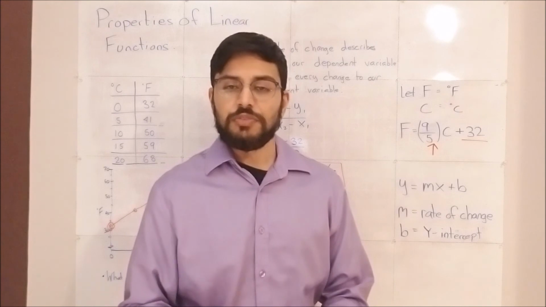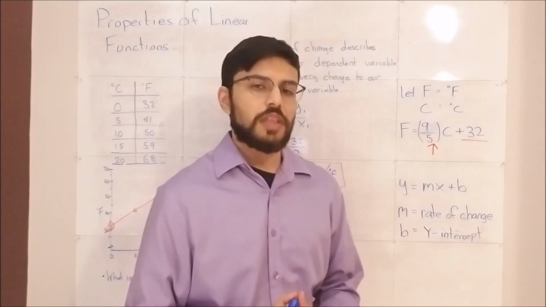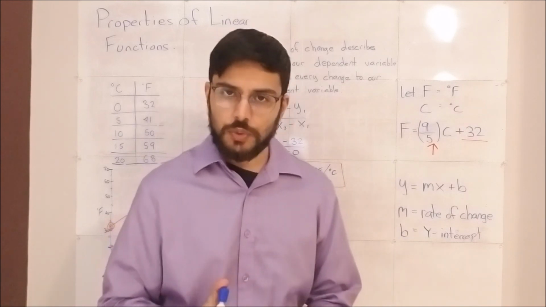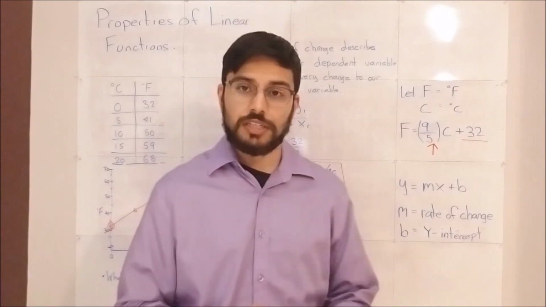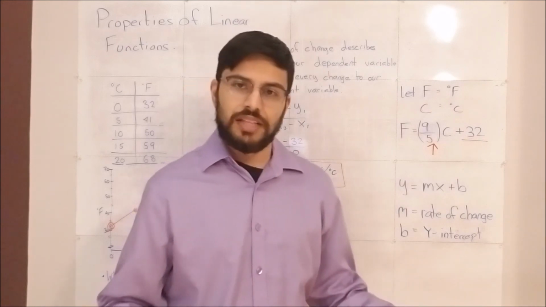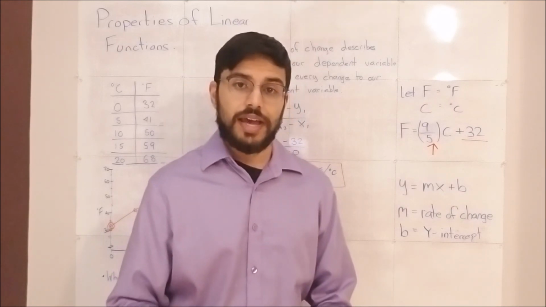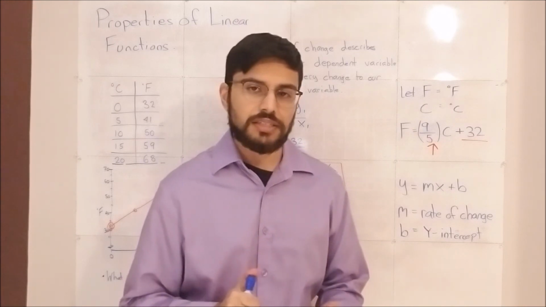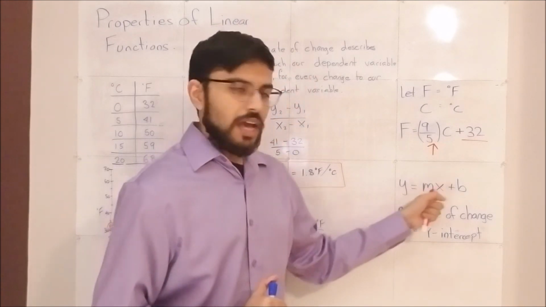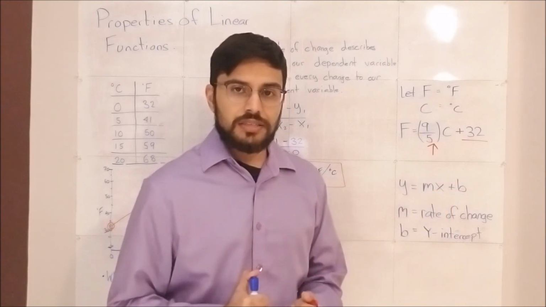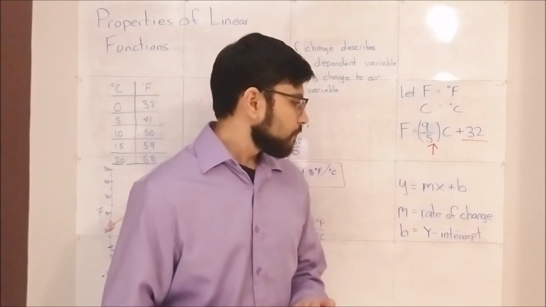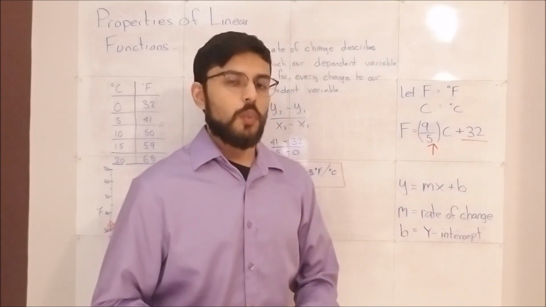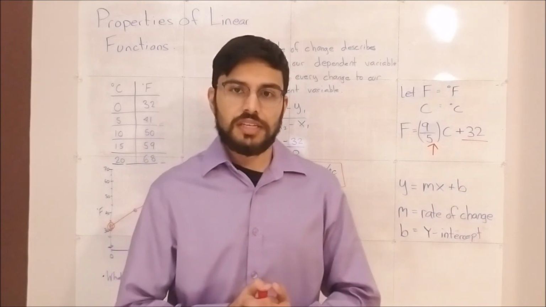The y-intercept, if you recall, is the point where your line will cross the y-axis. So anytime you have an equation of the form y equals mx plus b, and y can be any letter as long as it represents your y-axis, and x can be any letter as long as it represents your x-axis, then whatever value is attached to x will be your rate of change, and whatever value is by itself will be your y-intercept. All right, so that's today's lesson.